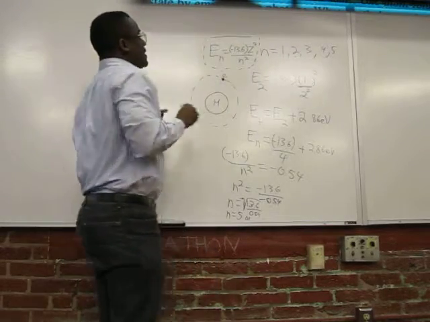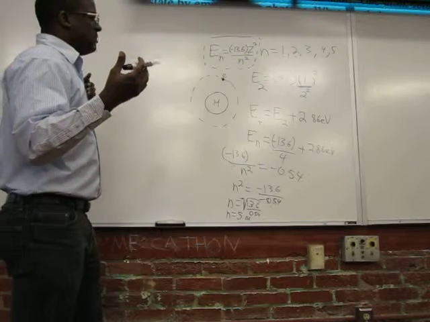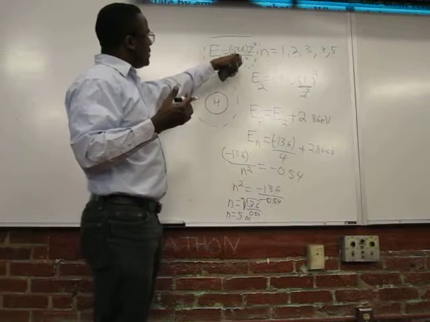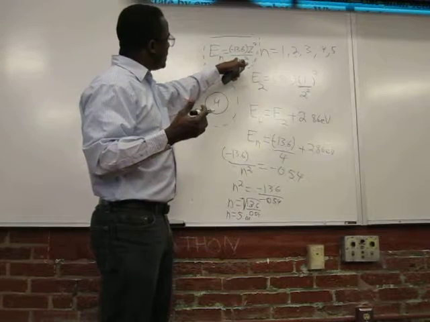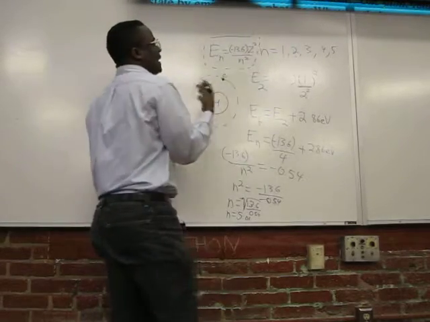So for any energy I give you, if I say the energy is 7.67 eV, you equate that energy to this equation and solve for n, or solve for Z, or whatever I'm asking you to find.